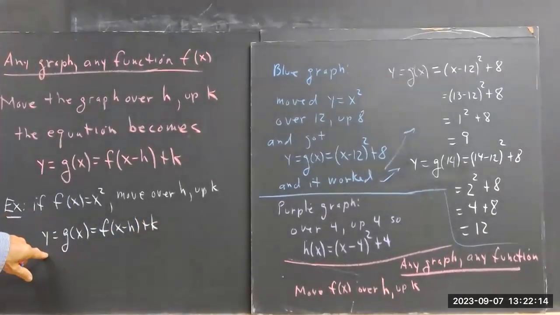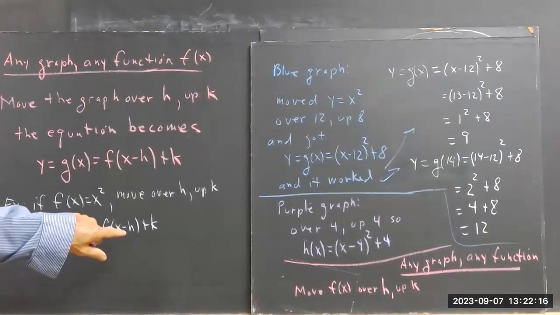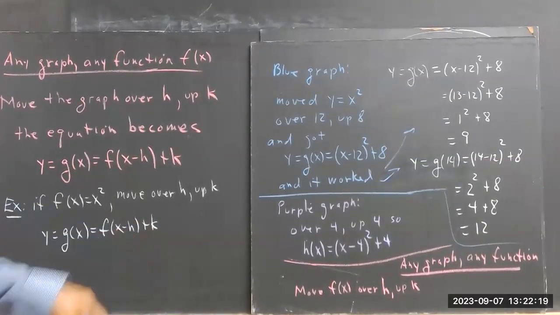The rule says y is going to equal g of x, which is f of x minus h plus k.